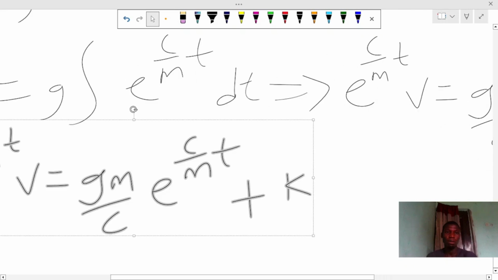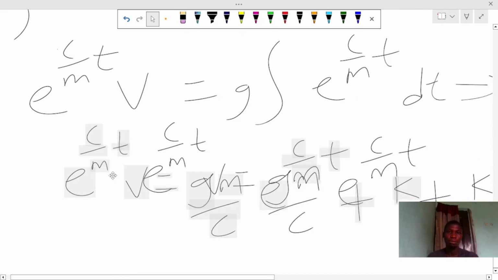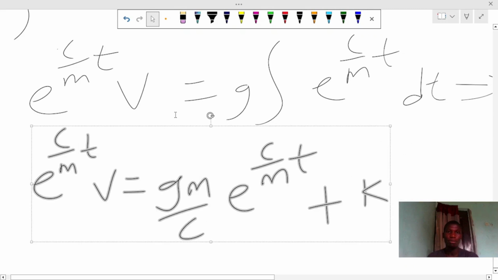Good. So we make v the subject of the formula by, of course, dividing through by this.